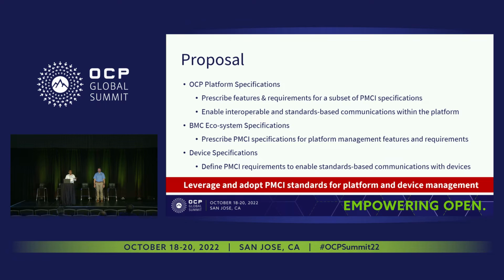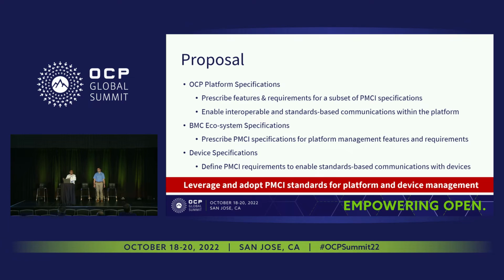We want to have a similar approach here to start having some kind of prescriptive text in OCP platform specs where you refer to this subset of already existing standards to define the set of manageability features you want on the platform. You can also do the same for the BMC ecosystem spec, where you can specify that a BMC implementation that is compliant to this spec will rely on this set of standards for this set of features.